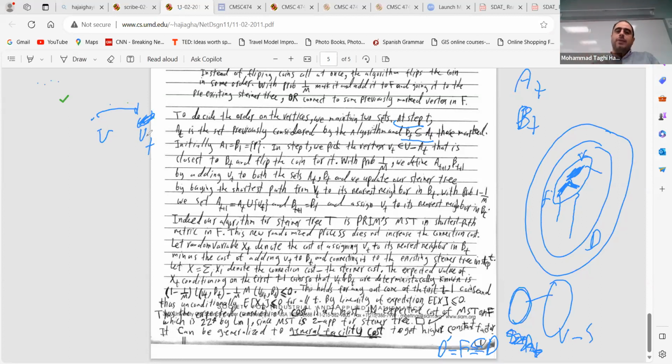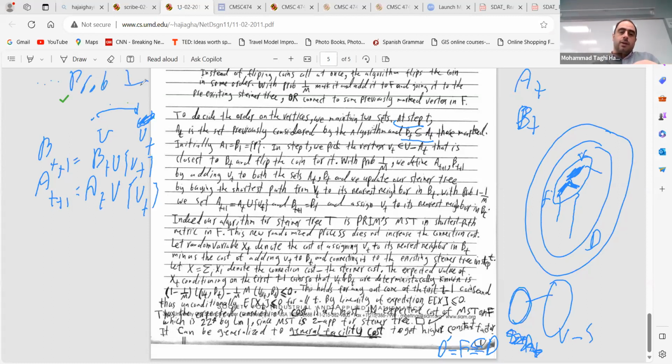In that case, I add V_T to both B and A, so B_{T+1} is B_T union V_T, and A_{T+1} is A_T union V_T. This is the case where this vertex is selected as a facility. A_T is the set of all vertices considered, and B_T contains the vertices which are facilities.